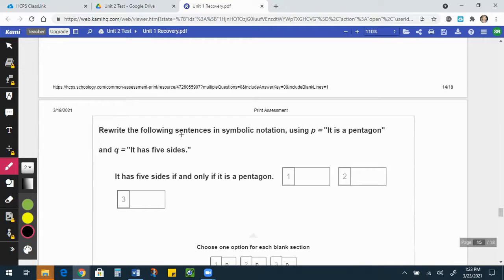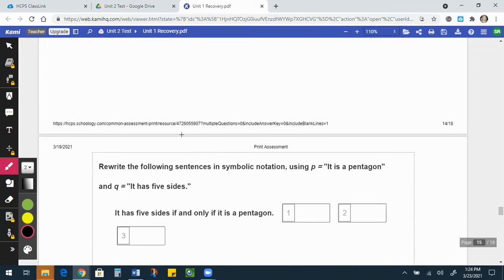All right, question number 12. Rewrite the following sentences in symbolic notation using P, it is a pentagon, and Q, it has 5 sides.